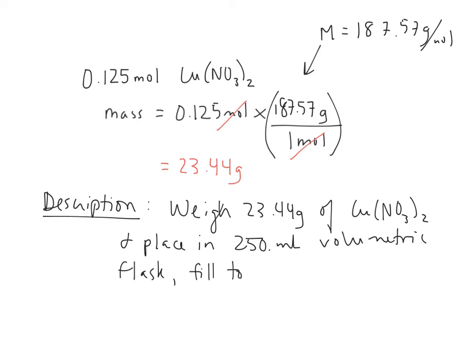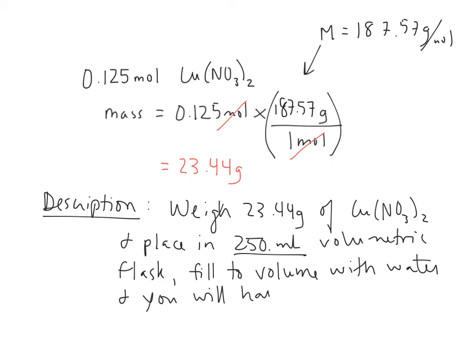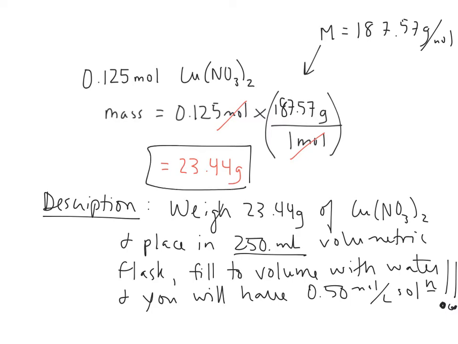Fill to volume, okay, so fill to that 250 ml volume with water, make sure it's dissolved, and you will have your 0.50 mole per liter solution that you were looking for. Yay! So that's one way to prepare solutions from the actual solid, getting a known concentration with a known volume.